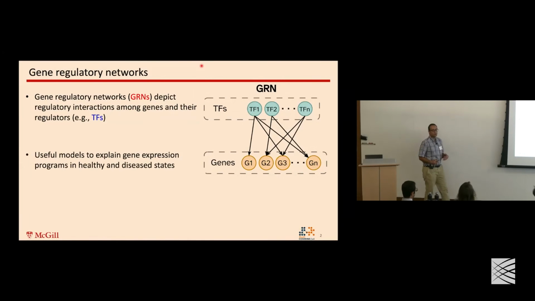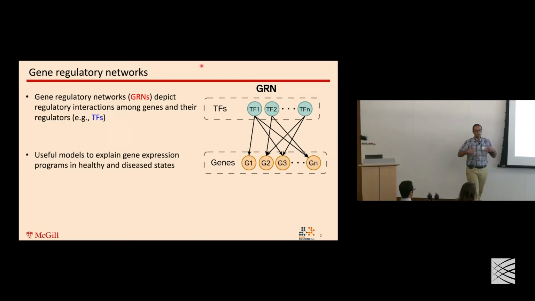I'm sure you're all aware of gene regulatory networks. In general, these are network depictions of relationships between genes and the regulators, for example, transcription factors. In general, these are complicated networks.